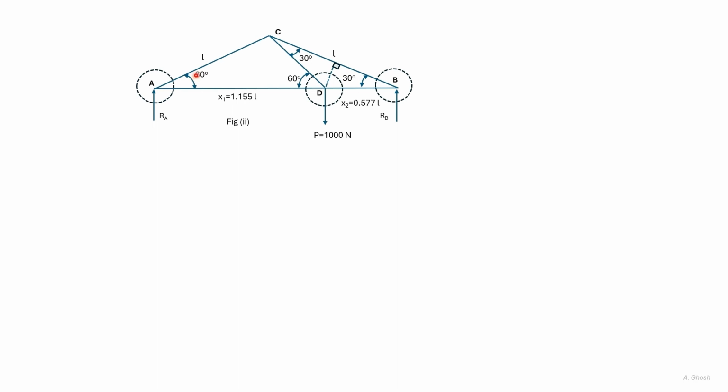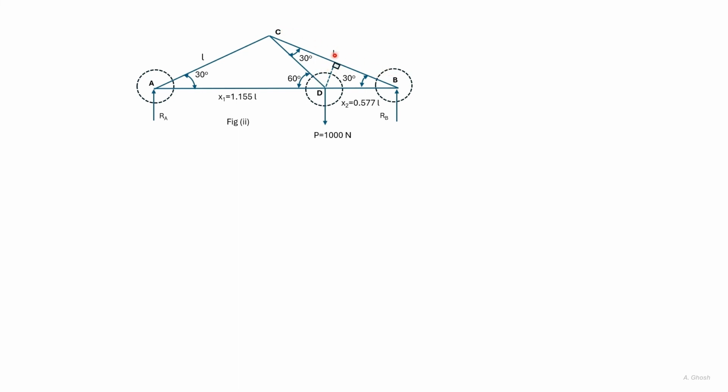Cos 30 is equal to L divided by AD, from which we get AD as equal to 1.155 L. Let us drop a perpendicular from D to CB. Since BDC is an isosceles triangle, such a perpendicular will bisect BC.